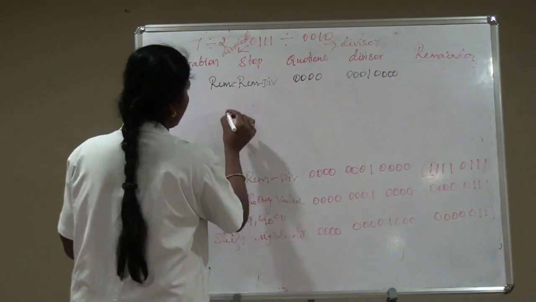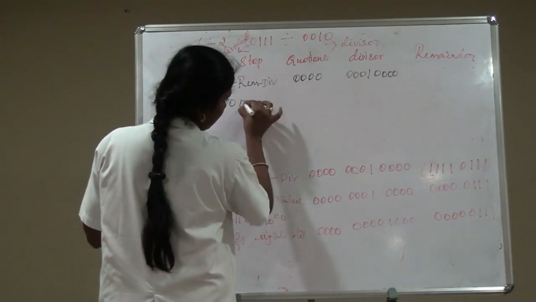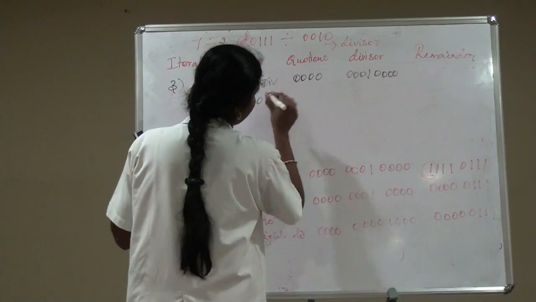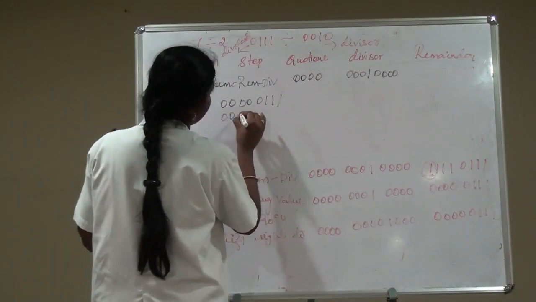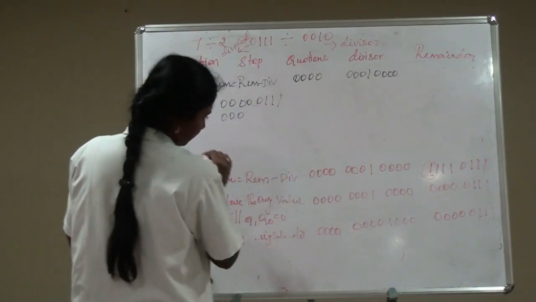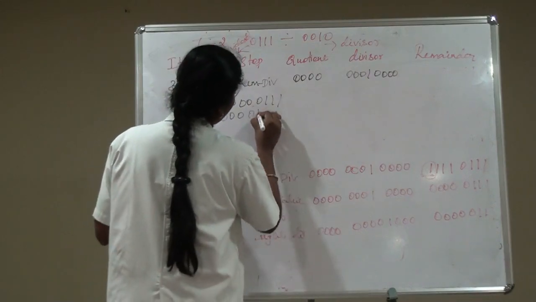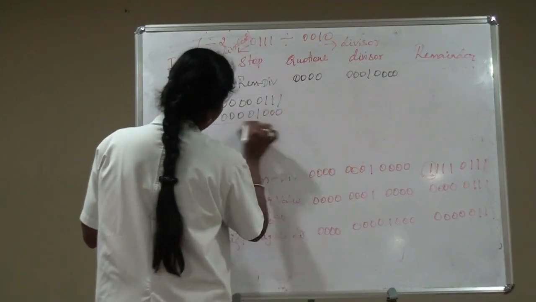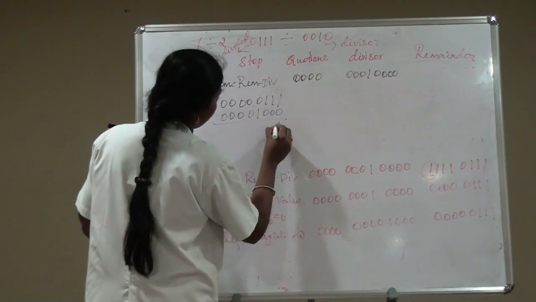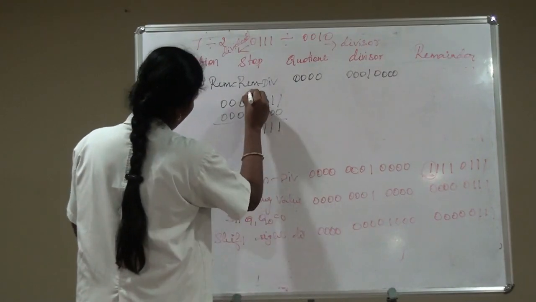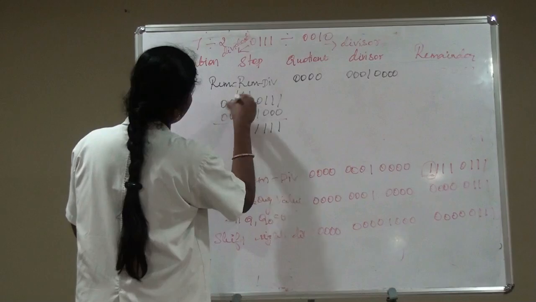Have to subtract the divisor from the remainder. One is replaced by 1.